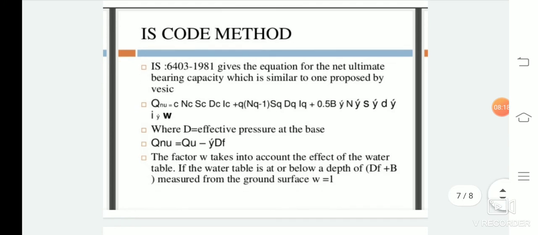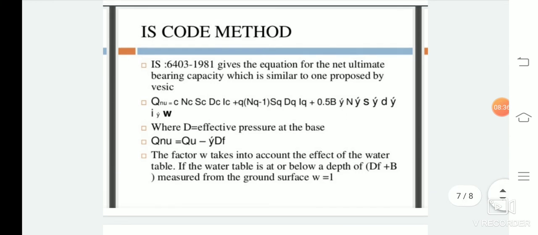So what is the significance of sq, s gamma, sc, as well as dc, dq, d gamma, as well as ic, iq, i gamma? These are mainly the shape factors, depth factors and inclination factors, depending upon the type of the footing.